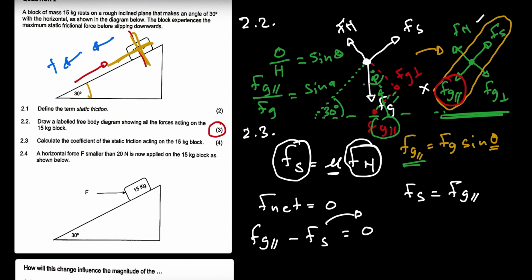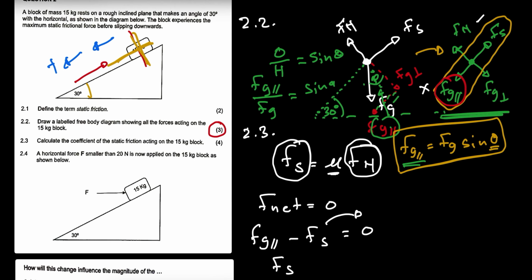So you don't need to understand that theory. What you need to remember is that for FG parallel, you use the gravitational force multiplied by sine of theta. And for FG perpendicular, let me erase here and put it at the bottom. Remember we had the static friction equals FG parallel.